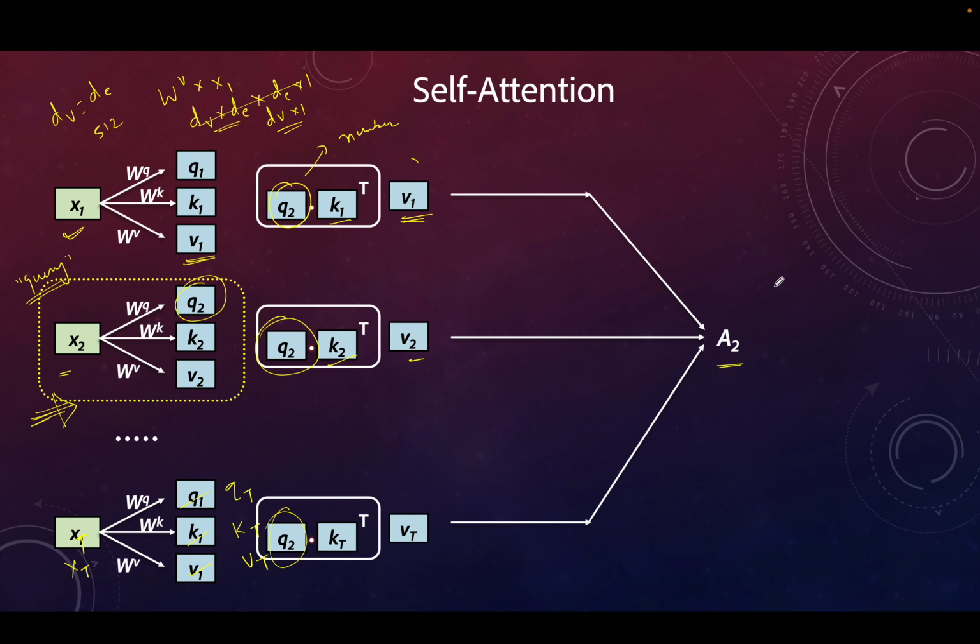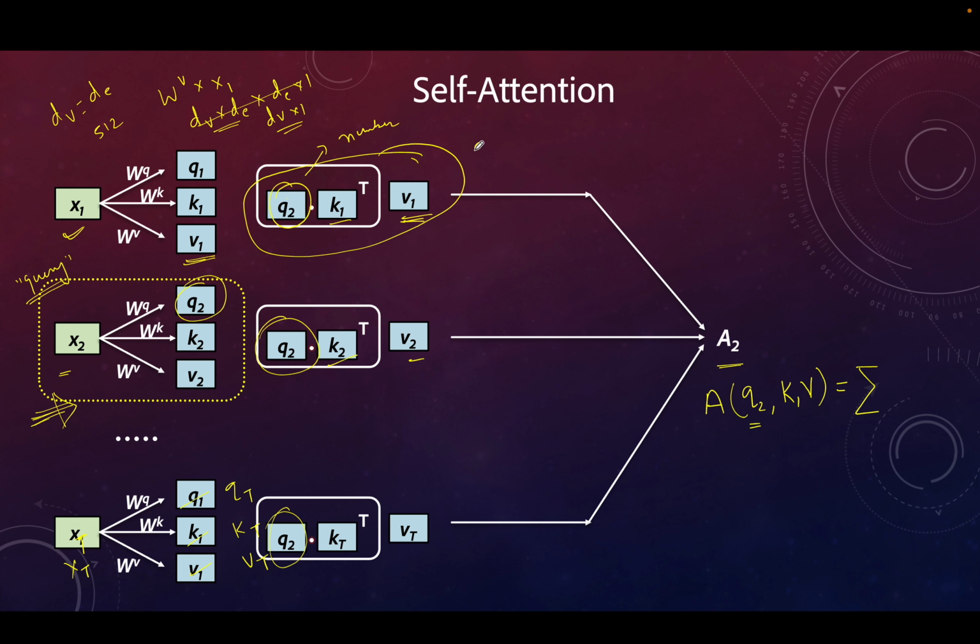So this A2, or we can write A of q2, K, V. The query term is 2, and let's denote this complete thing with a shorter notation, otherwise it will be lengthy here.